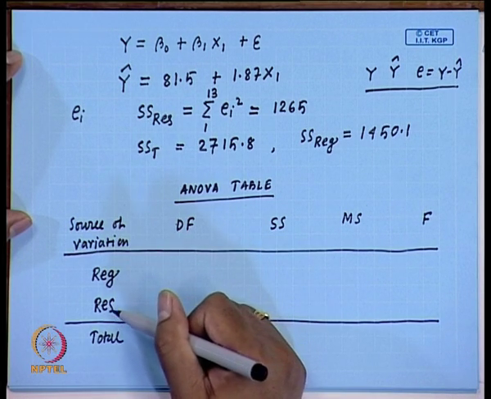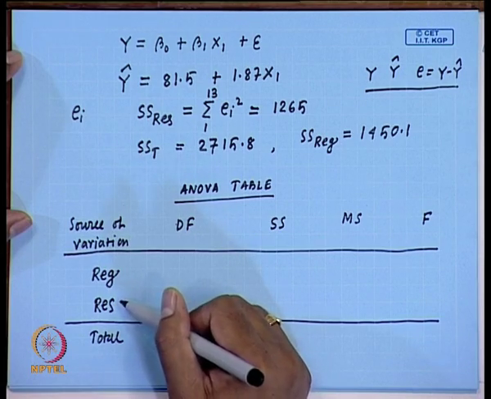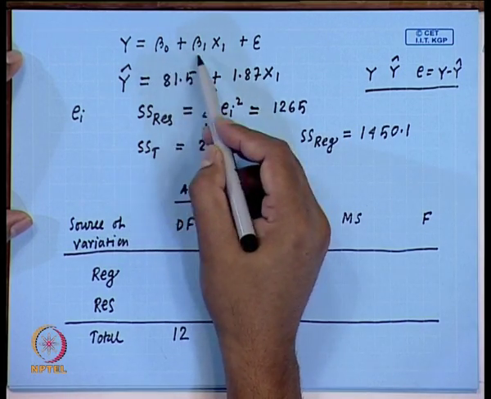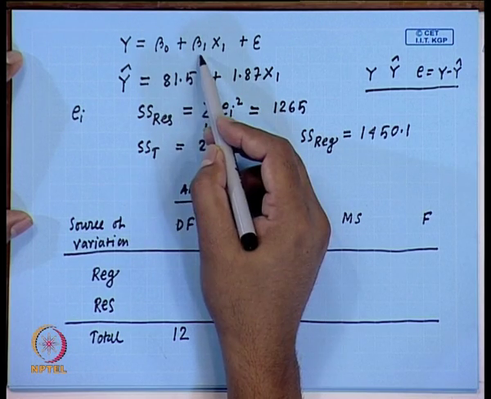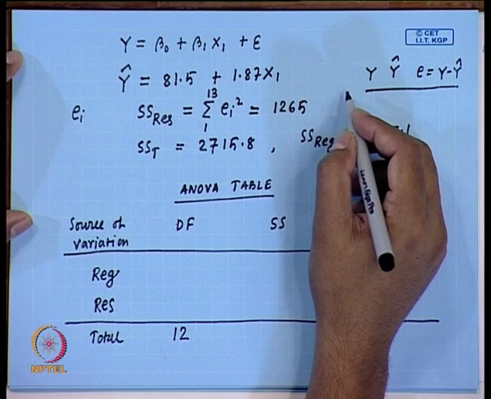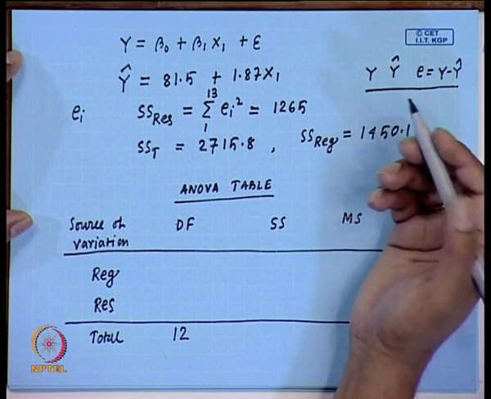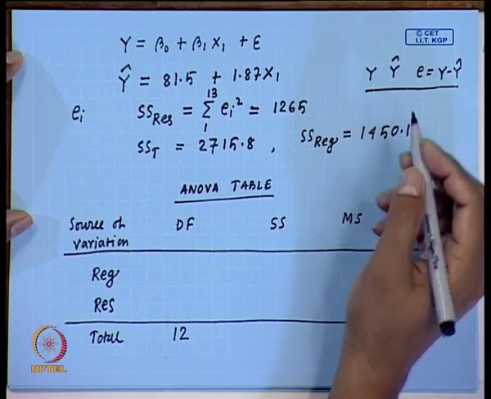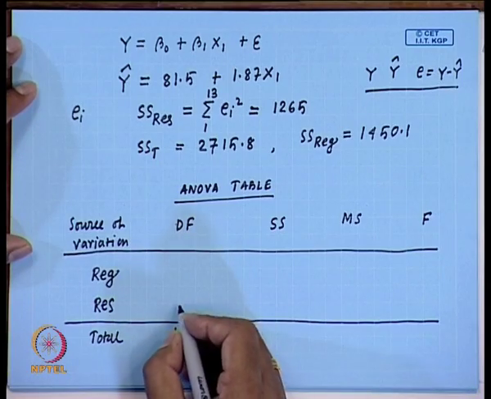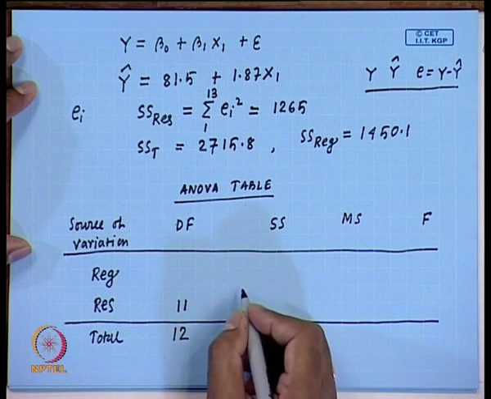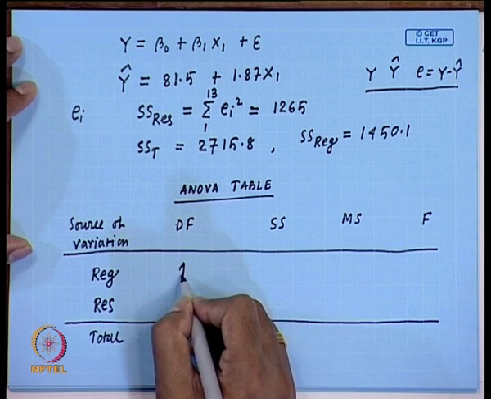Now, for the SS residual, here you have 2 unknown parameters, so basically you will be getting 2 normal equations, and that means there are 2 constraints on the residuals. So the residual degree of freedom is equal to 13 minus 2, because of the 2 unknown parameters in the model. The SS residual has degree of freedom 11 and the regression degree of freedom is equal to 1.